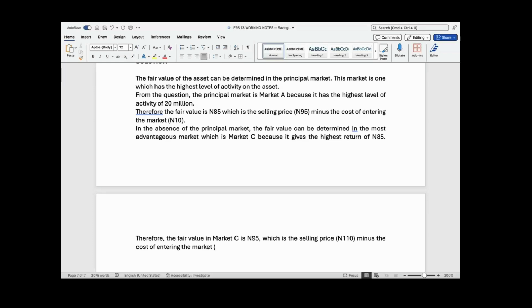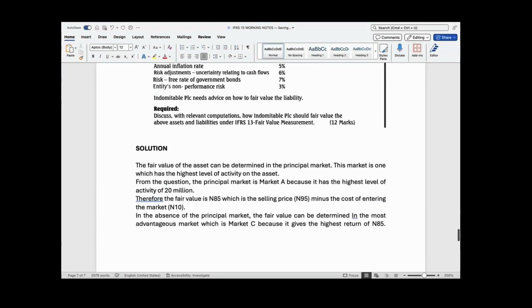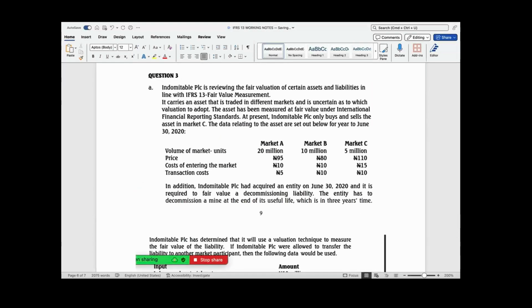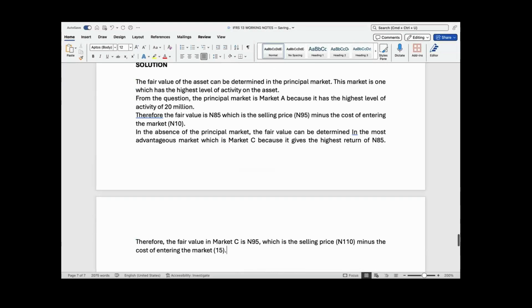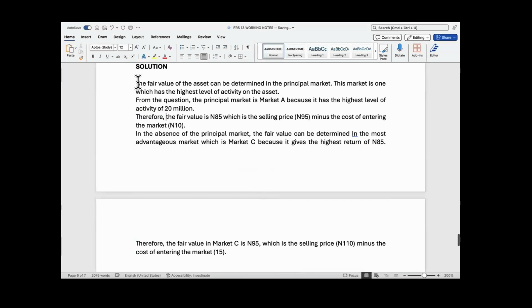What's the cost of entering the market? Is it 15? Sure, sir. 15 naira. Okay, thank you. So that's that for the assets. I think we're already used to this one based on all the questions I've solved so far.